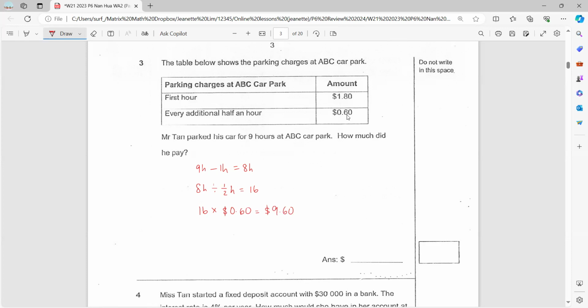Then we add the $1.80 for the first hour. That will give us the total charges, $11.40.